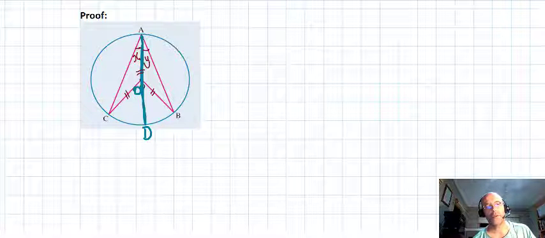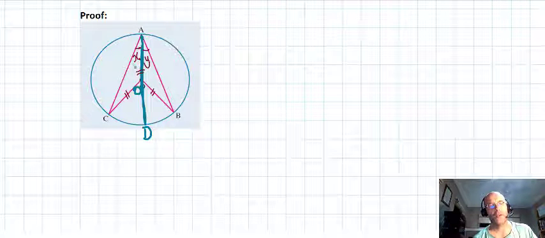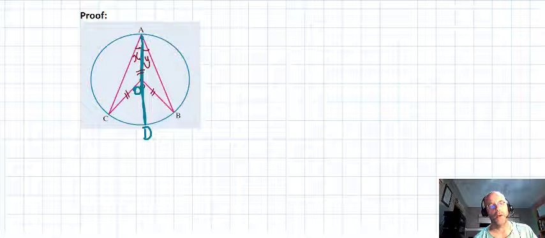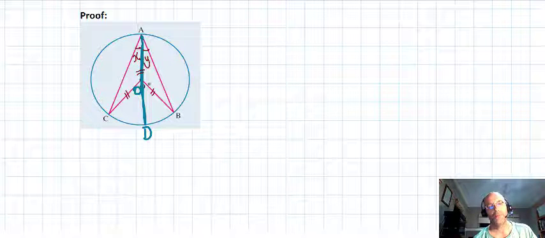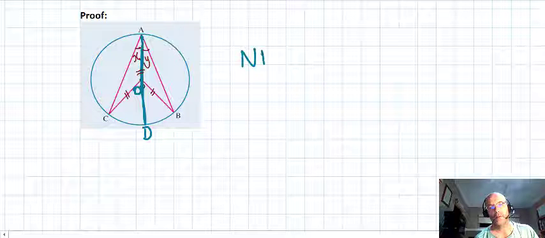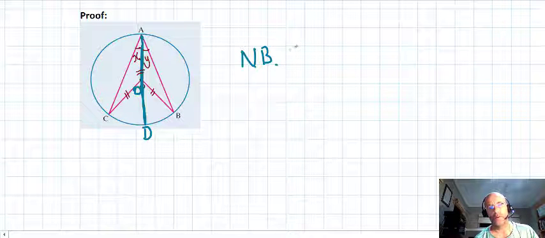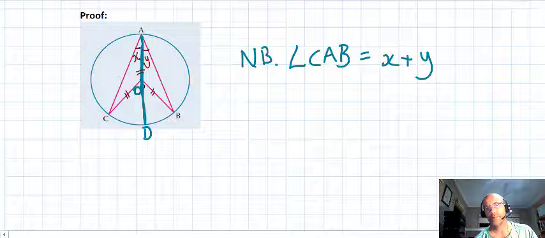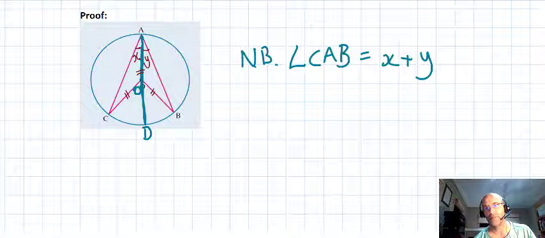I've noted here that there is an angle X and an angle Y: angle X is angle CAO and angle Y is angle BAO. This will be important in a little while. So CAB is the sum of angle X and angle Y. That'll be useful very soon.